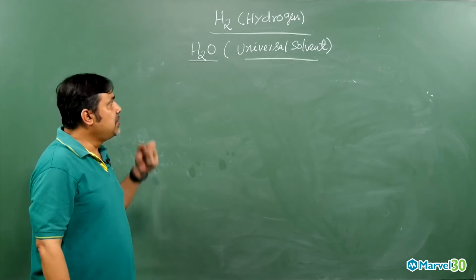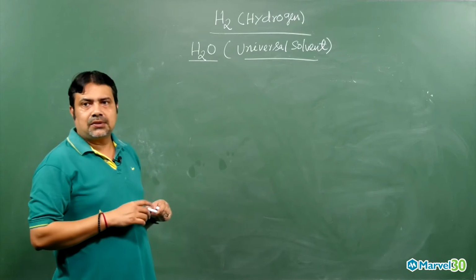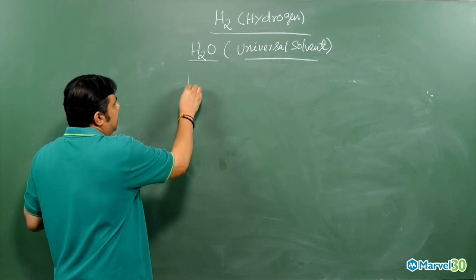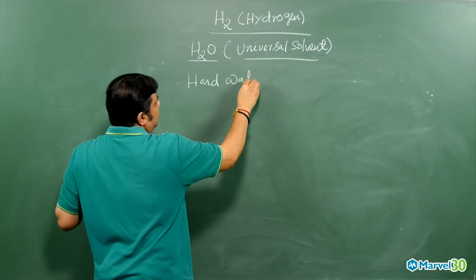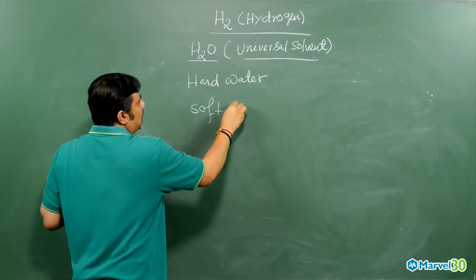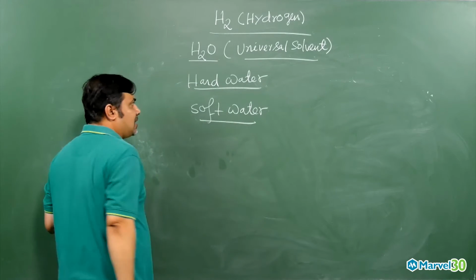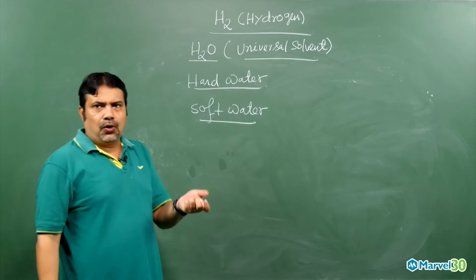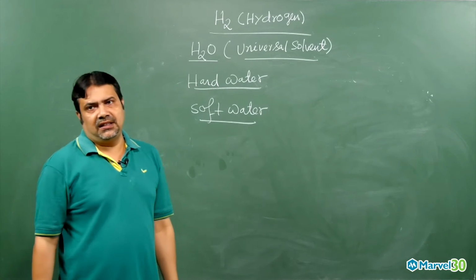So in water, first we need to know what is hard water and what is soft water. Already you know what is hard water, my dear students, and then we need to know what is soft water. In hard water, if you put soap, the lather will not be created easily. Why?